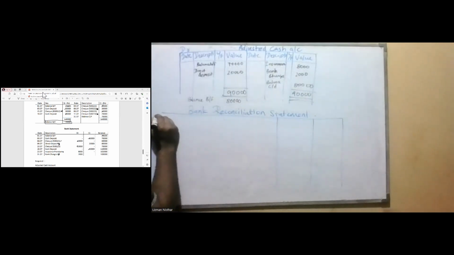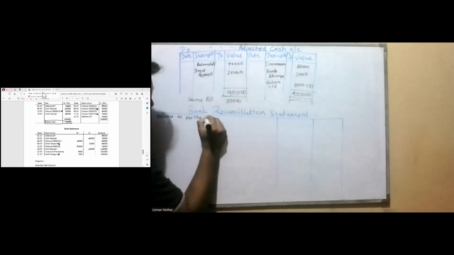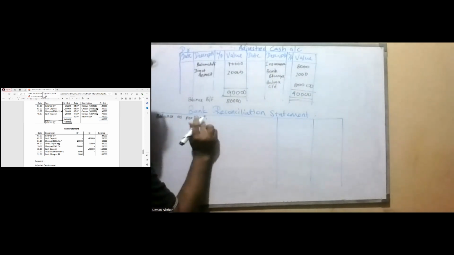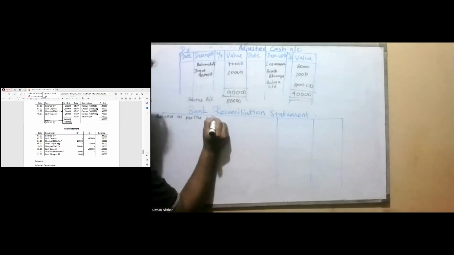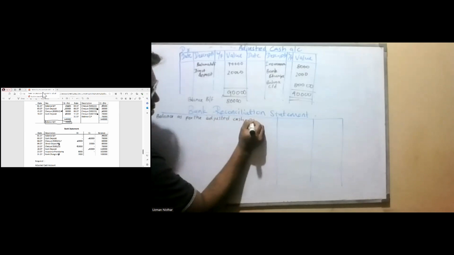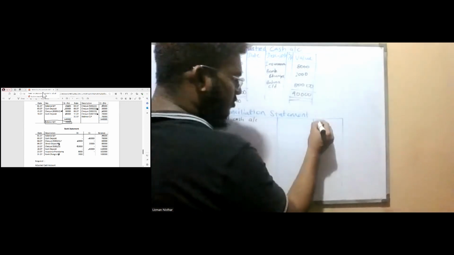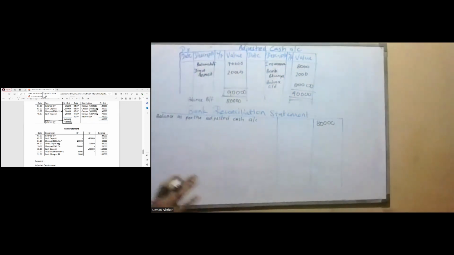First is balance as per the adjusted cash account. So what's the balance? 80,000. So it's a debit balance, no need to include any brackets or anything.